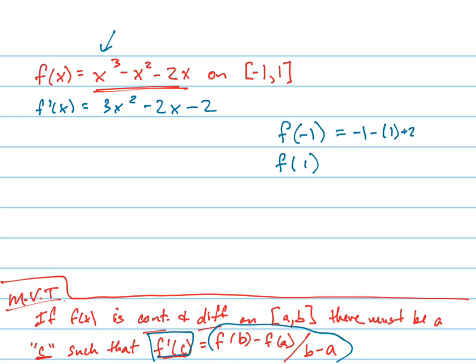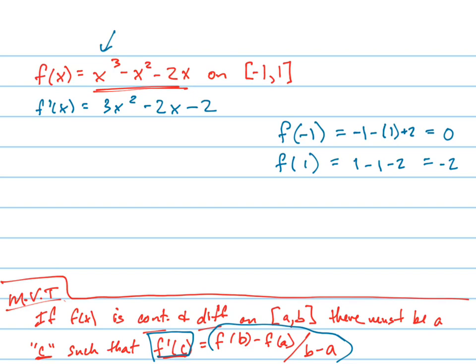Check my math. Did I do that right? Which equals 0. And f of 1 is going to be 1 minus 1 minus 2, which is -2. Did I do my math right? So those are my 2 points.